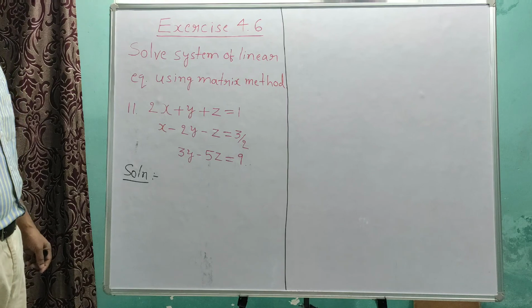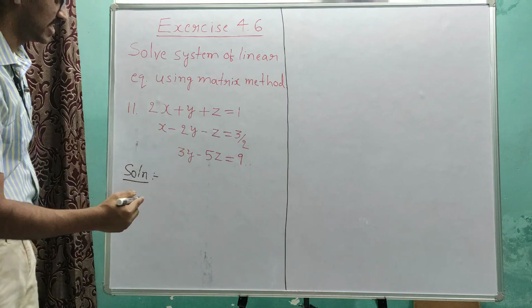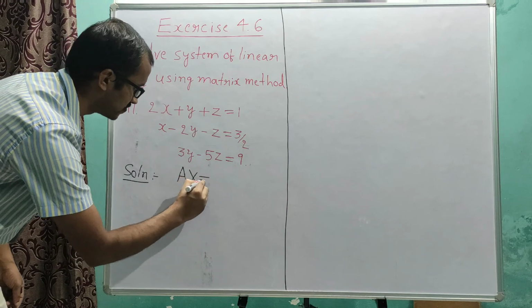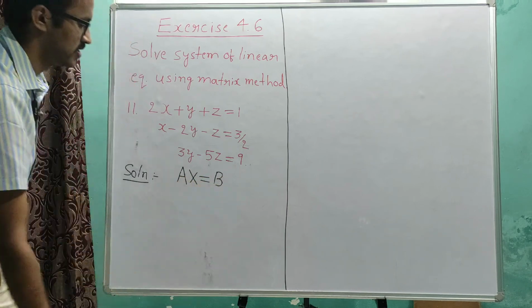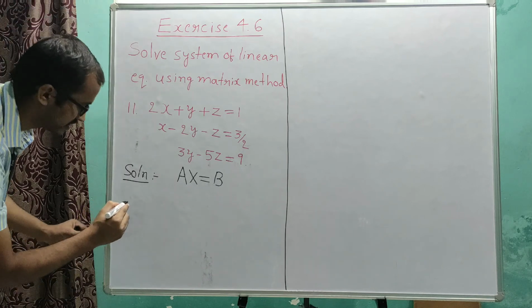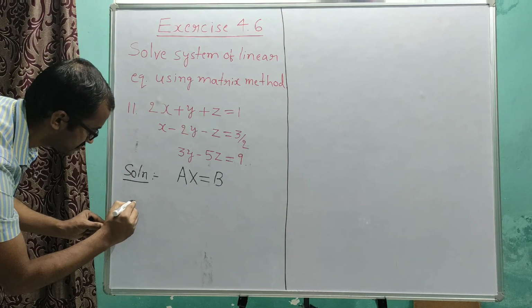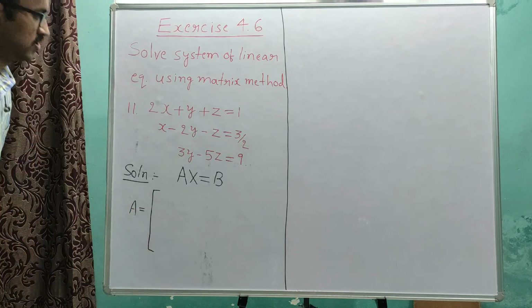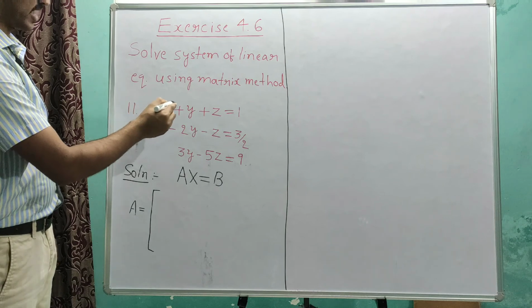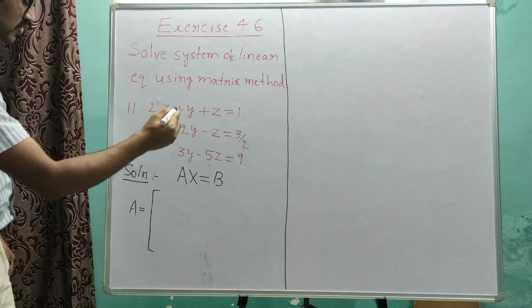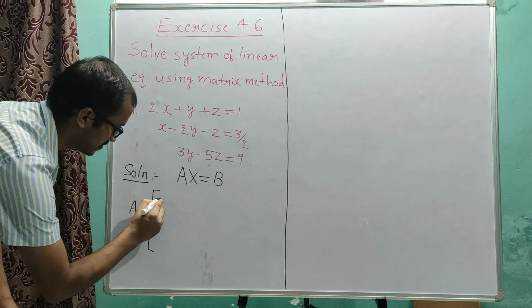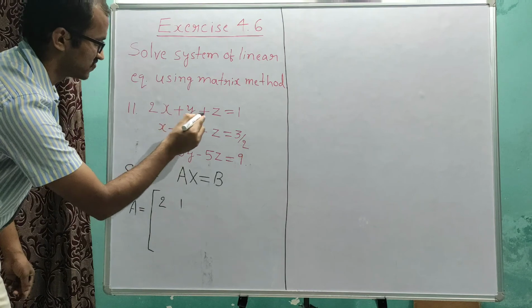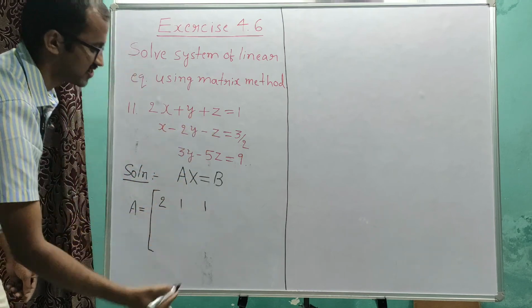So first we write the system of linear equations in the matrix form, that is AX is equal to B. Where A is the coefficient matrix. So A is equal to, if you write the coefficients of x, y and z, in the first equation, coefficient of x is 1, coefficient of y is 1, then coefficient of z is 1.